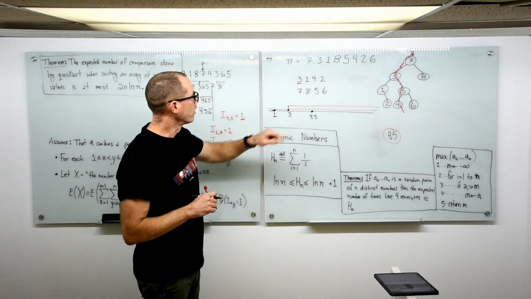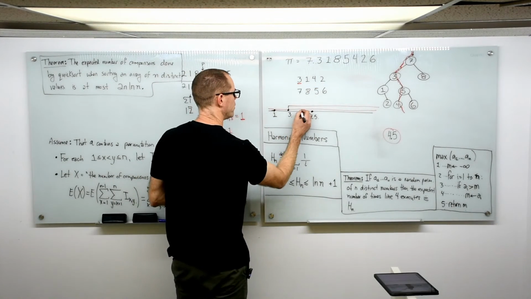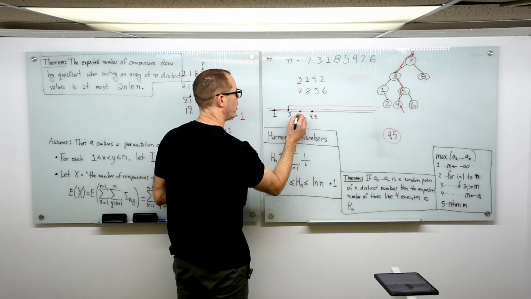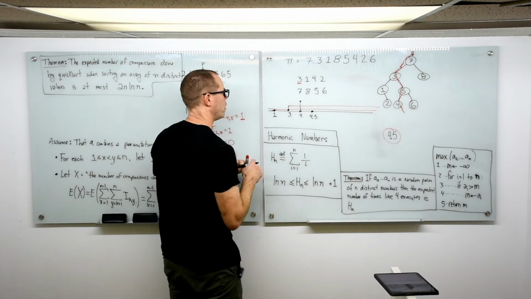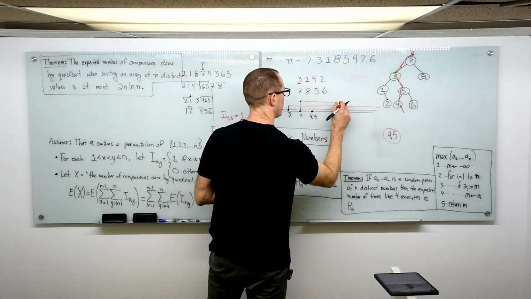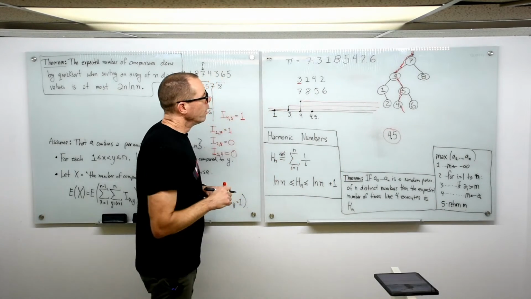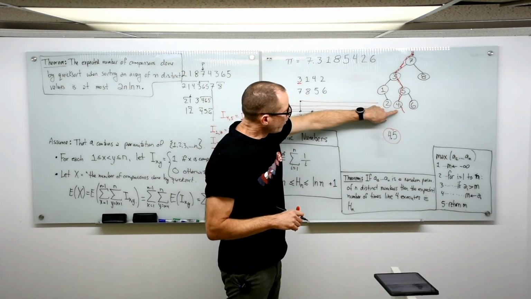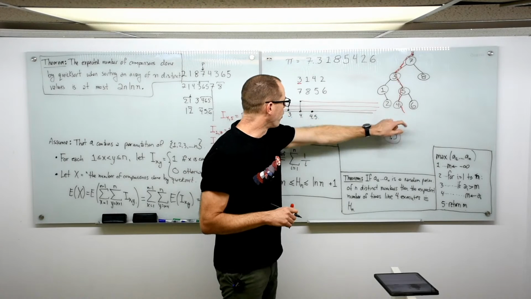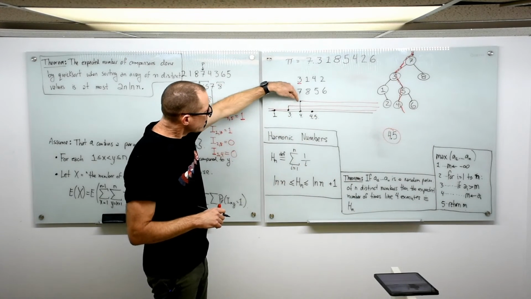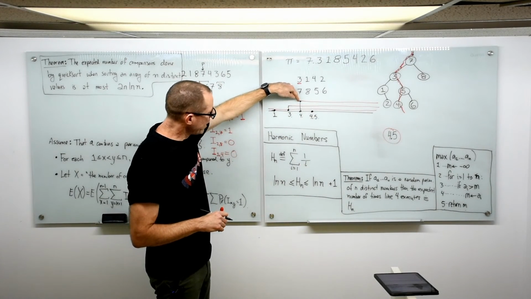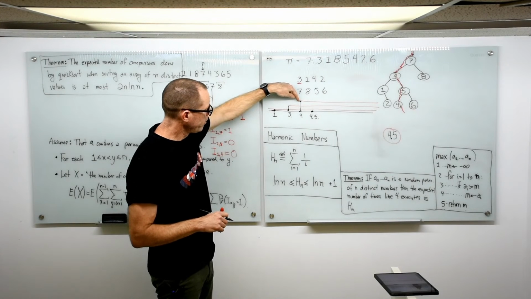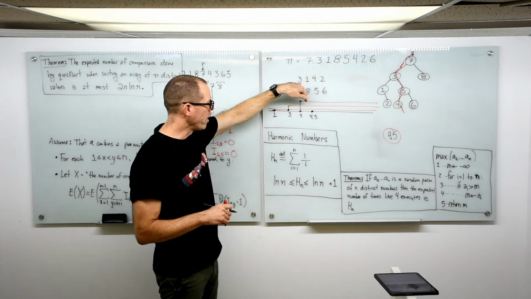Then 4 comes along. And 4.5 actually gets compared to 4. That's because somehow 4 tells us even more than 3 did.